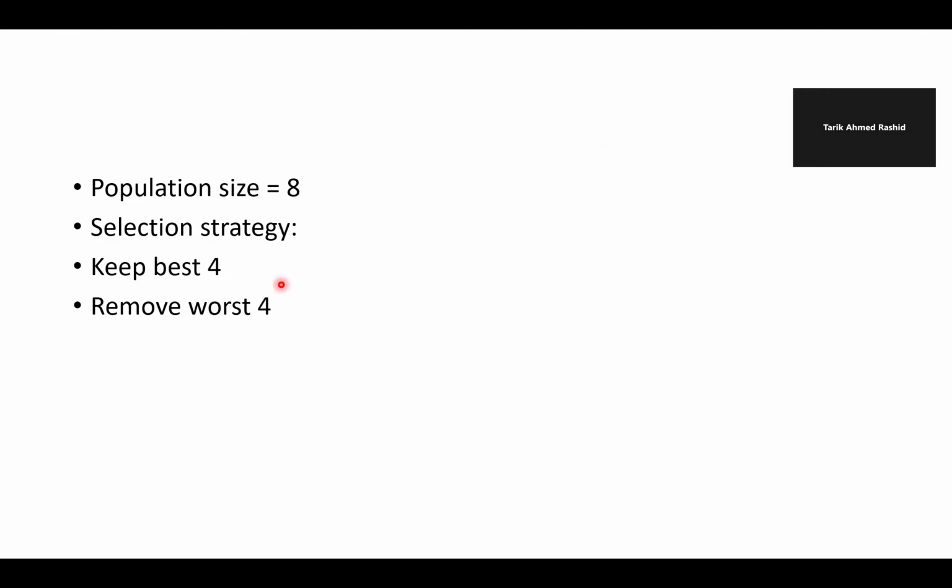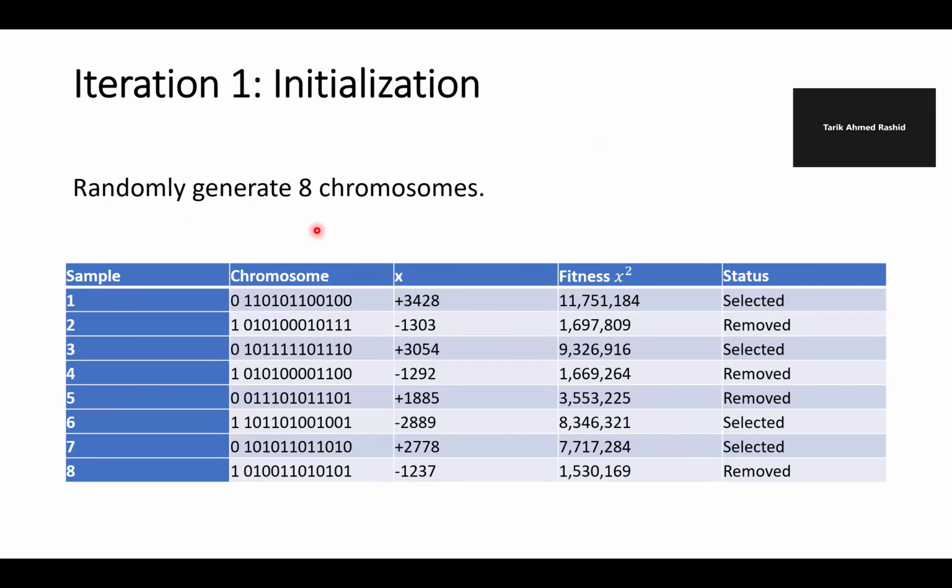We will assume that our population is 8 individuals, 8 solutions, or we call them 8 chromosomes. And in our strategy we select the best 4 in fitness, those who get the best fitness. Those 4 will be selected, and the worst 4 will be removed, will be killed. So here in the initialization iteration, we selected random values, 8 individuals.